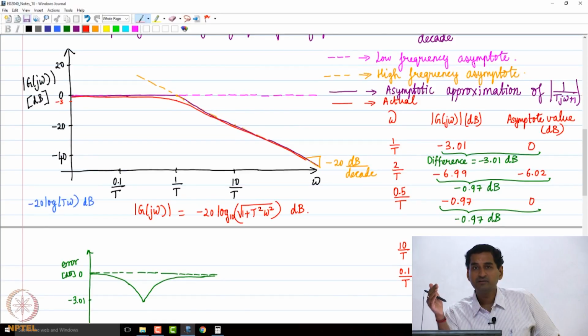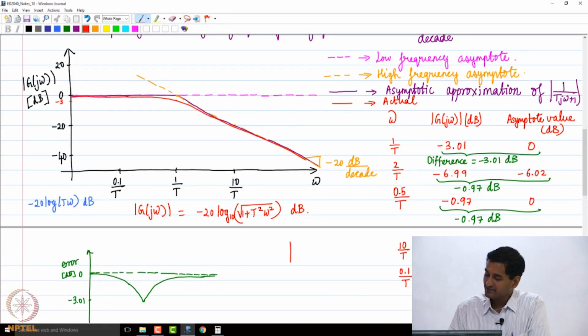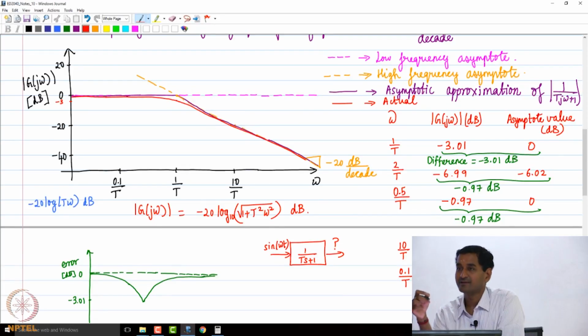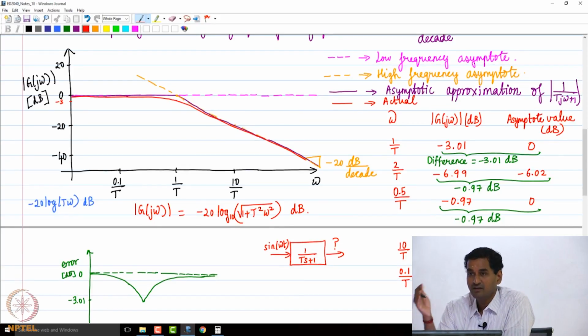Because what it does, if you transmit signals, okay, let us say you consider this 1 by Ts plus 1 as a block, okay, and you provide sinusoidal inputs, right, sin omega t or cos omega t, and then you ask yourself the question, what am I going to get, right, as the output.